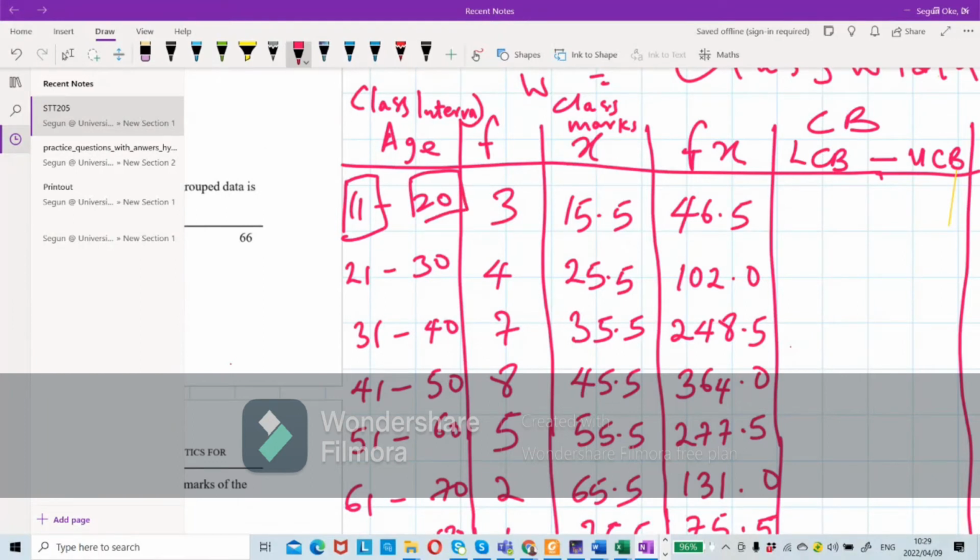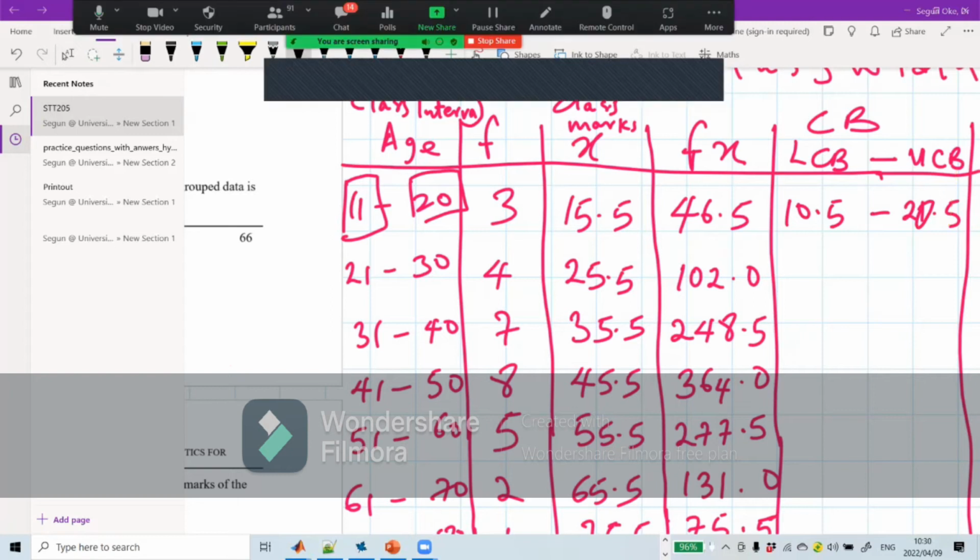Do you agree with me? Yes. 10.5 to 20.5. Sir, is it 21 or 20.5? It's 20.5. Thank you.